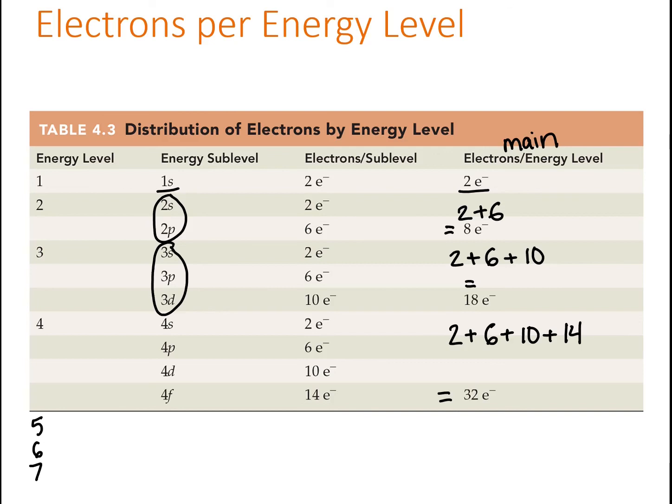So if you had an element that had everything filled up to the 4f, then what you would have is an element with 2 plus 8 plus 18 plus 32 electrons.